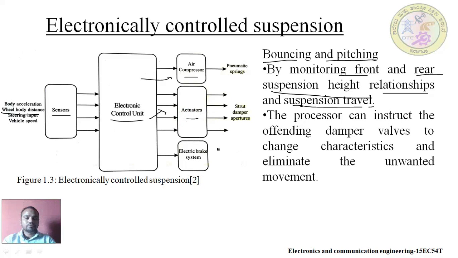If the vehicle is in ride position, then this will reduce the damping. If the vehicle is in handling position, then it will increase the damping so that the vehicle level is maintained on the road.